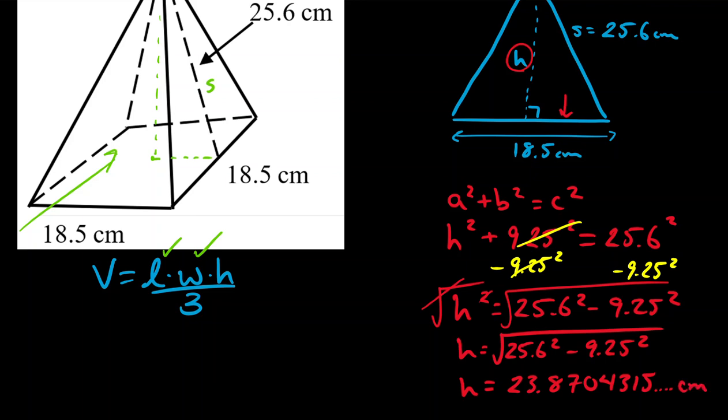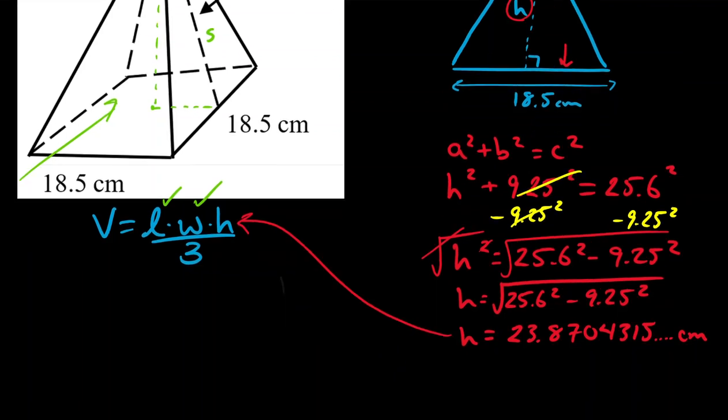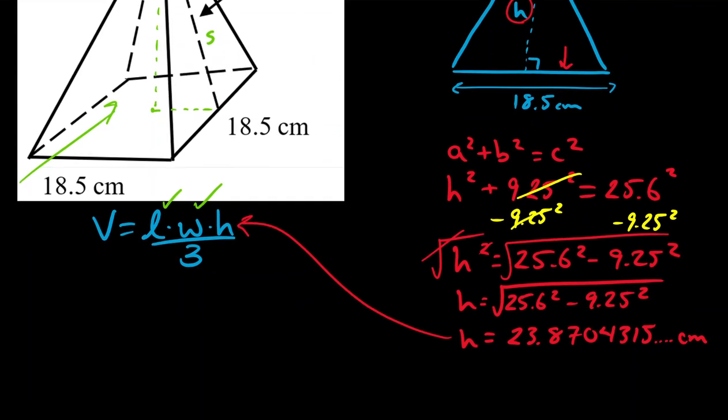We're going to take that unrounded value and use that in our height. Okay, no problem. We know the length, that's 18.5. We know the width, that's 18.5. We know the height, that's 23.87... divided by 3.